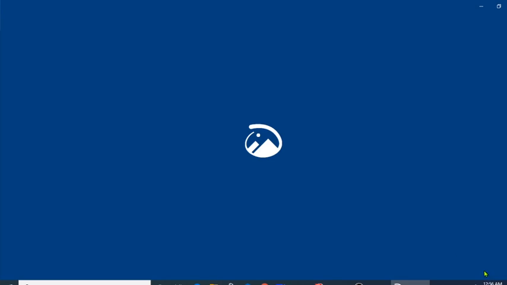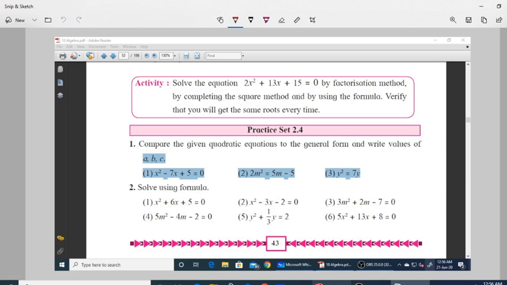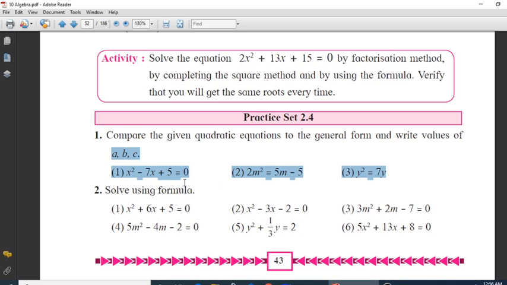Now in here again the same question is given to find the value of A, B, C. But most importantly, in the previous exercise, in exercise number 2.2, we learned how to factorize a quadratic equation by the factorization method, or how to find the roots of the quadratic equation by splitting the middle term.